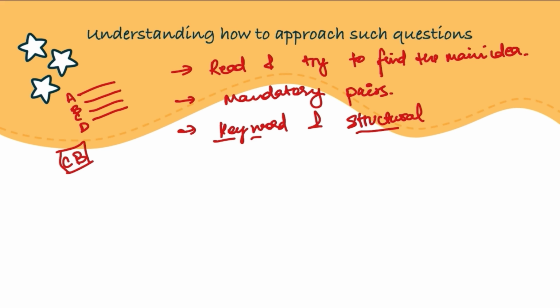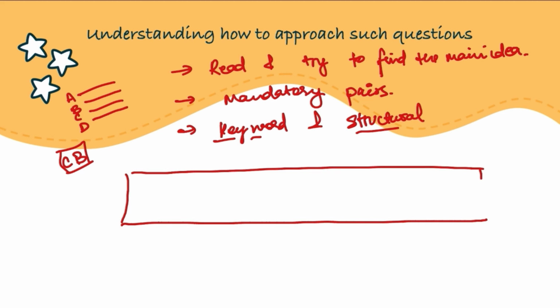However, we need to pay much more attention here because we cannot use elimination, because there are no options to eliminate, right? Then the thing which becomes even more important here is the only rule that exists in these questions. In parajumbles, everything depends upon question to question and should be adapted accordingly.